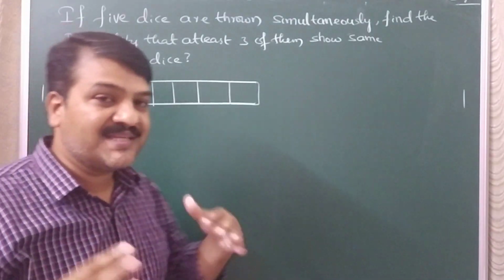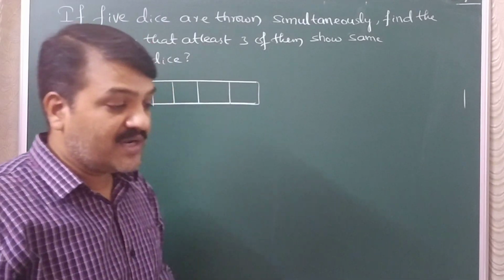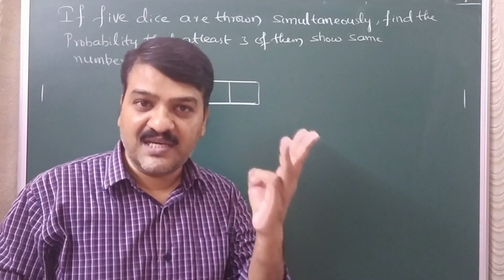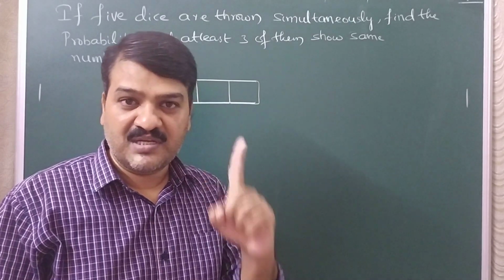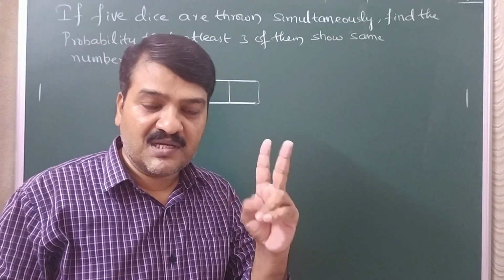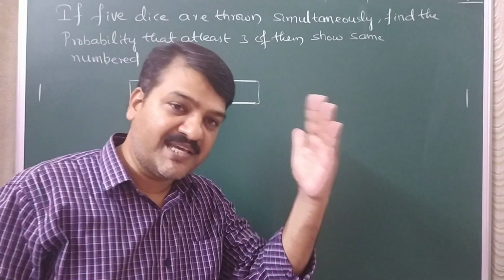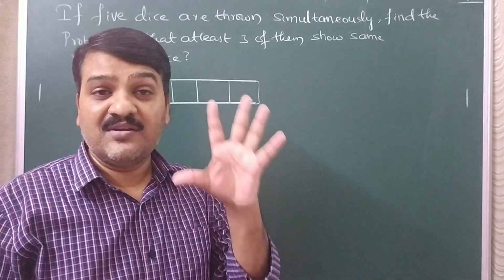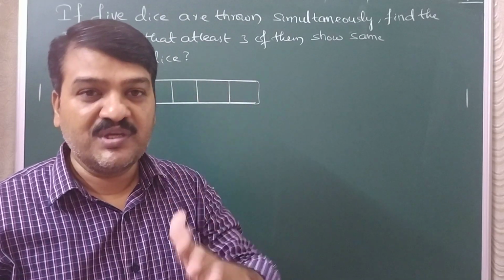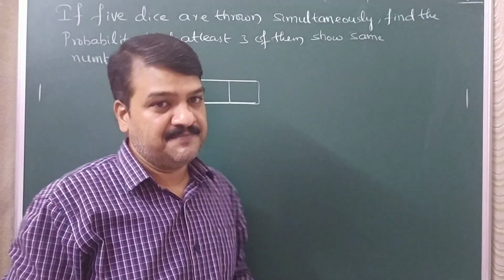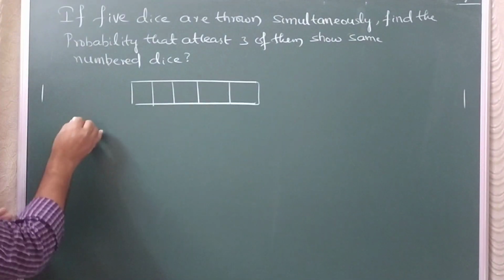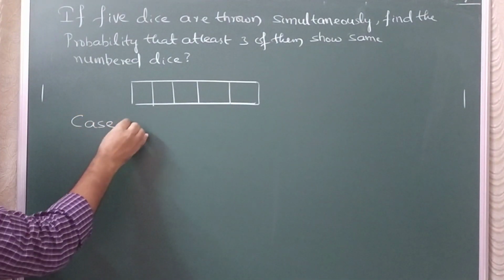So we have to take 3 different cases here. What are the 3 different cases? 3 of the dice showing same numbers is one case, 4 of the dice showing same numbers is one case, and all 5 of the dice showing the same number is one case. Okay, so I am going to discuss the first case with you.